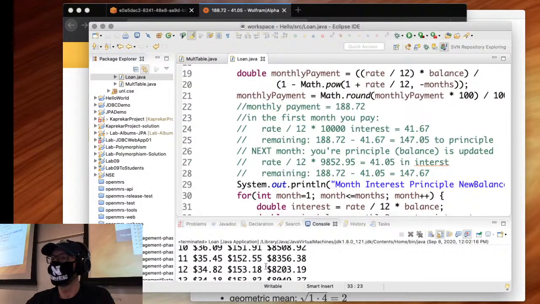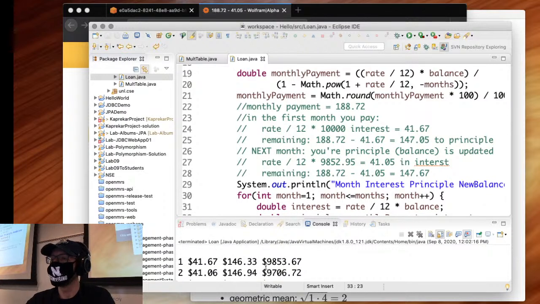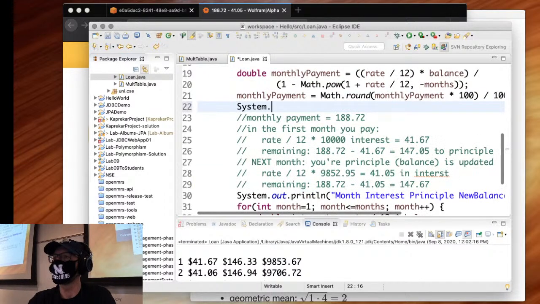There we go. Well, I did get 60 months. The first month was exactly as I printed or calculated up here. Looks like I screwed up on the monthly interest here. Did I? What is it? I should have left that in there.